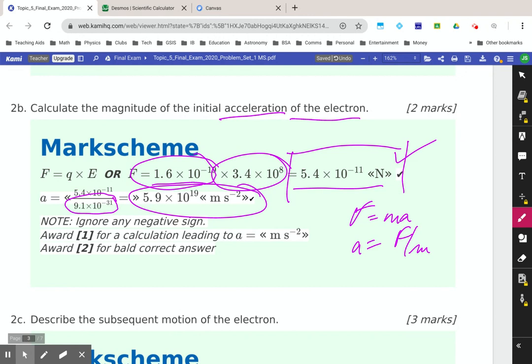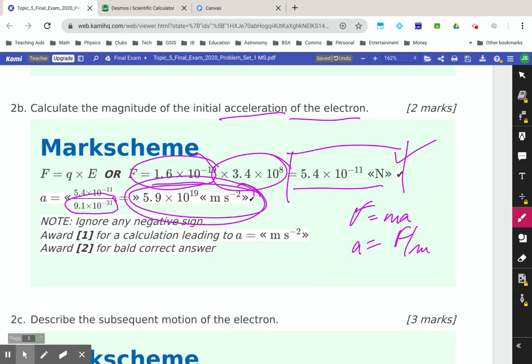So if the force gets less, then the acceleration will be less. So the electron will be repelled by this negative 6 millicoulomb charge. It'll be repelled at an initial force given here and an initial acceleration given here. But as it moves further away, the force decreases, so the acceleration decreases.